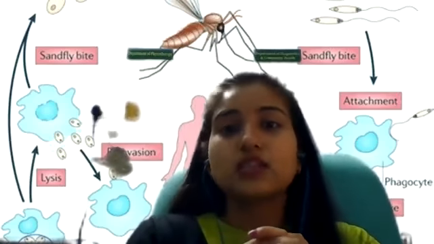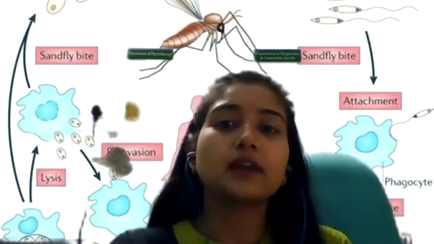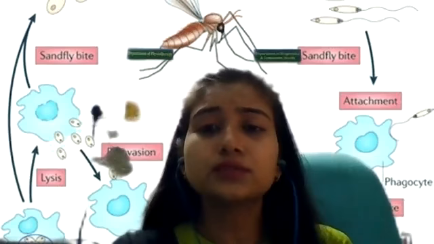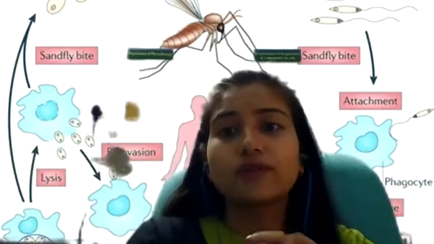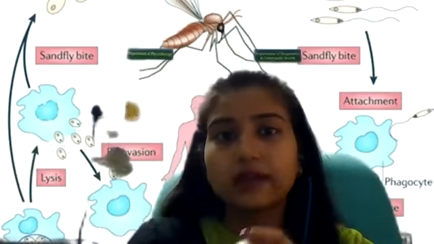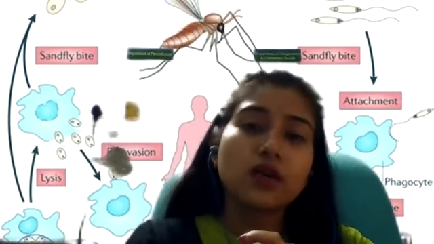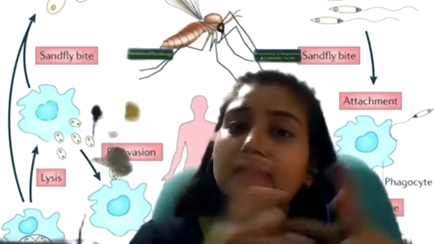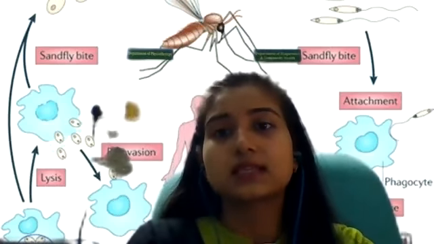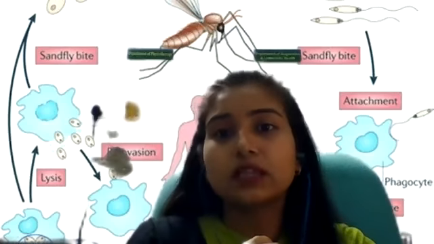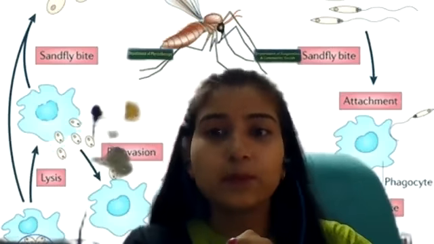Visceral leishmaniasis or Kala Azar is a major public health problem in many parts of the world. According to the World Health Organization, a total of 500,000 cases of visceral leishmaniasis occur every year. Of these new cases, 90% are found in the Indian subcontinent, Sudan and Brazil.